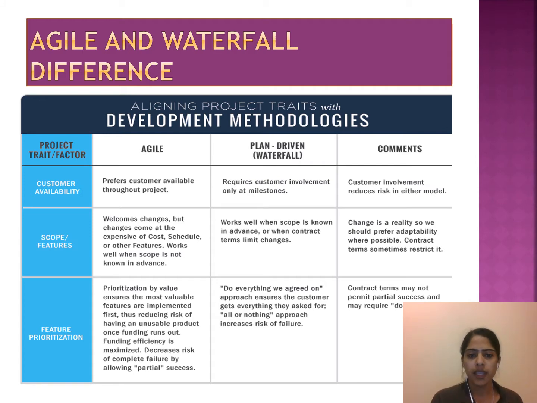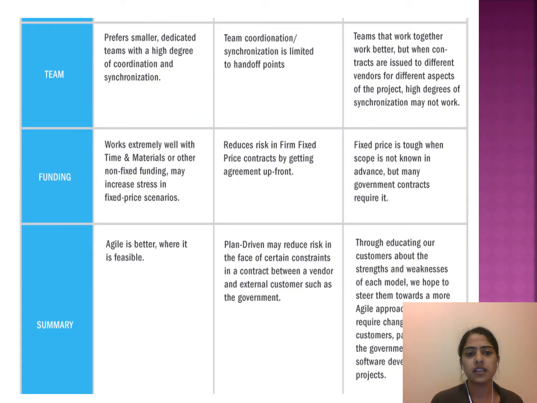Also, not a lot of team members are required on an agile team, so it's good for cost saving purposes. So agile is better because of its change adaptation policy.